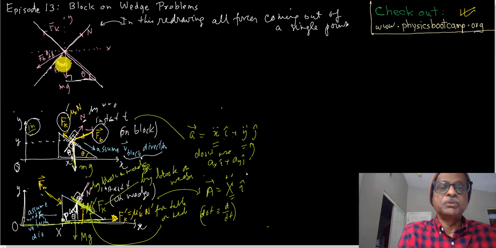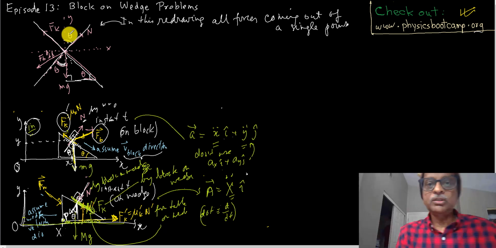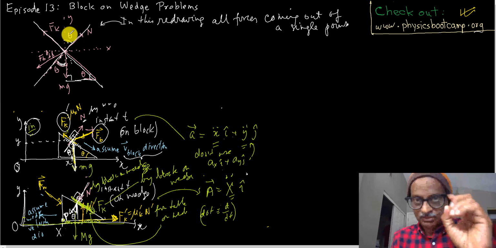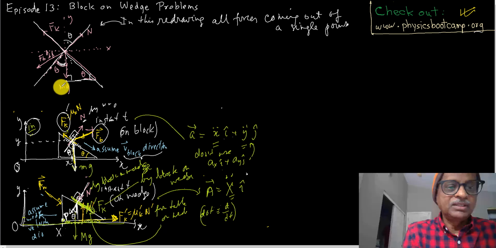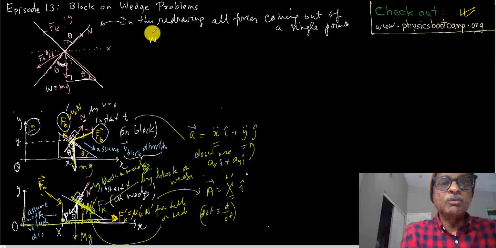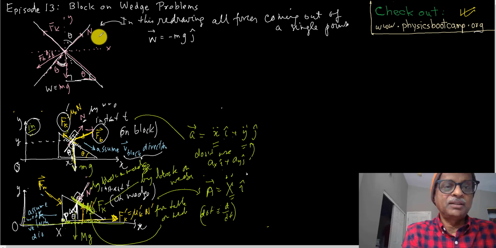This angle moves over there, and then you can see this will make this a theta, so I can write all the forces in vector notation. Write down all the forces; you can start from anywhere. This is weight. Weight is opposite of j hat, so minus mg j hat. Let's write the normal.